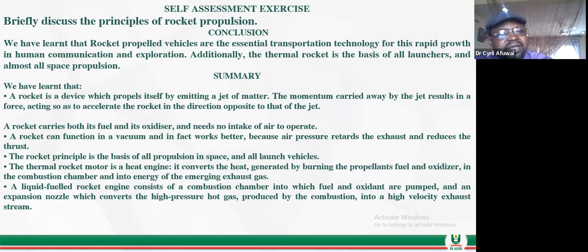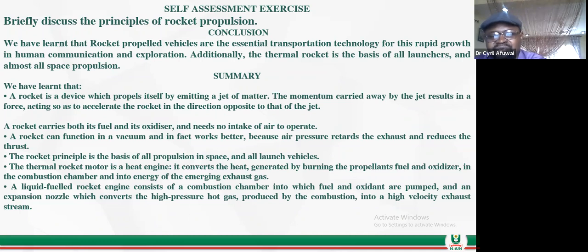In conclusion, we have learned that rocket propelled vehicles are the essential transportation technology for this rapid growth in human communication and exploration. In addition, the thermal rocket is the basis of all launchers and almost all space propulsion.